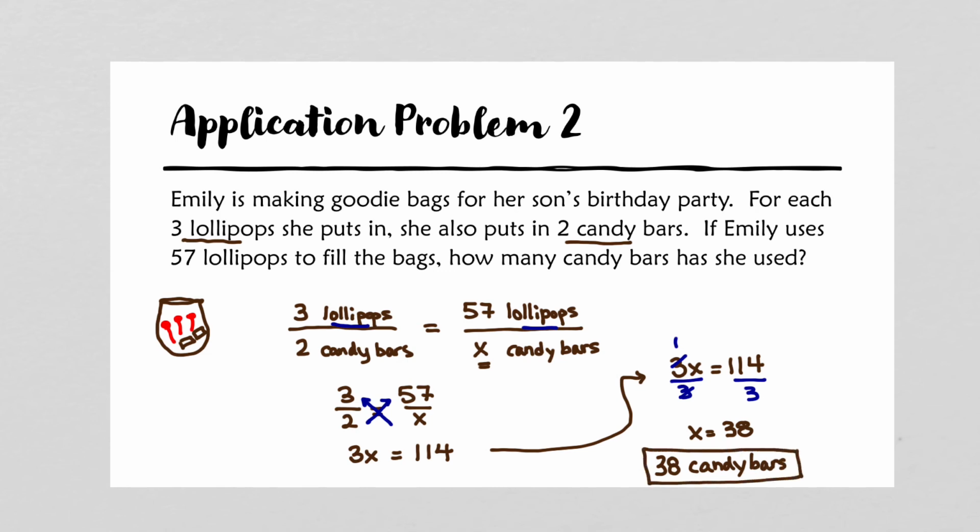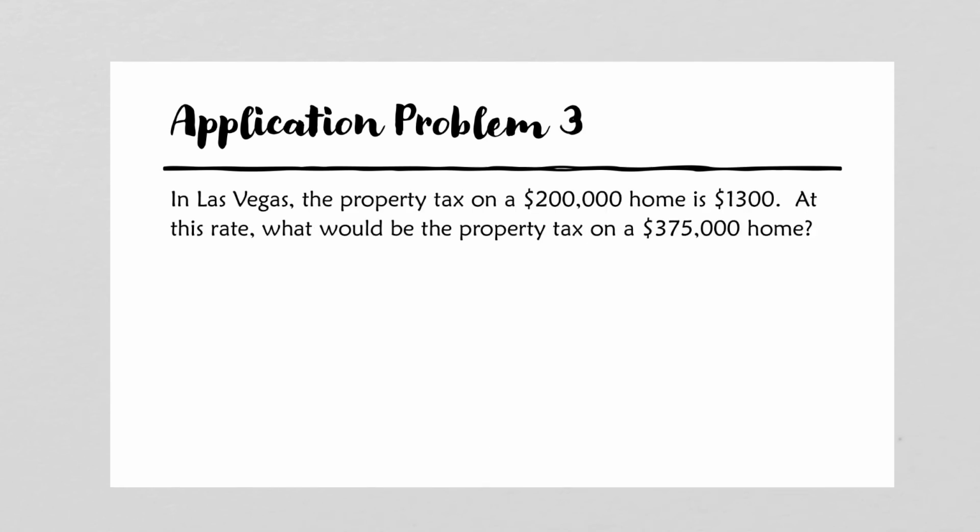I don't know about you, but I find proportion problems actually fun to do. Let's take a look at one more example. In Las Vegas, the property tax on a $200,000 home is $1,300. At this rate, what would be the property tax on a $375,000 home? All right, you know what to do.